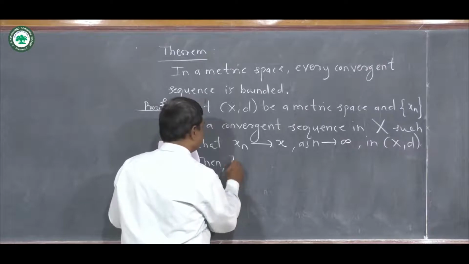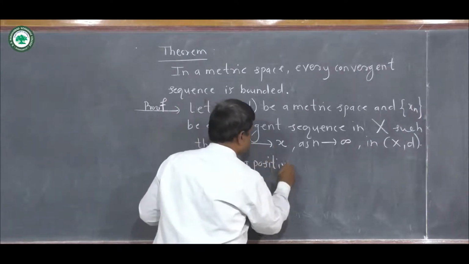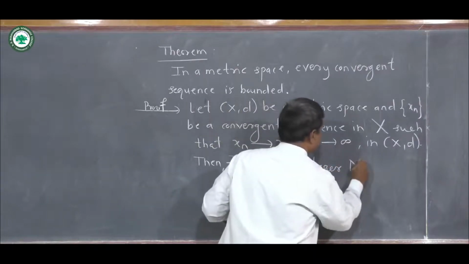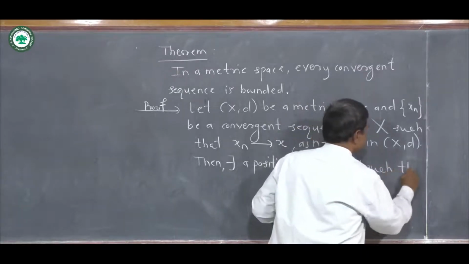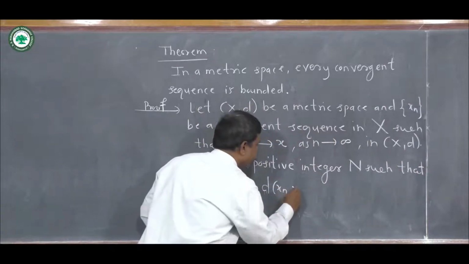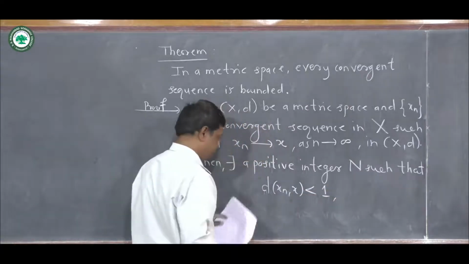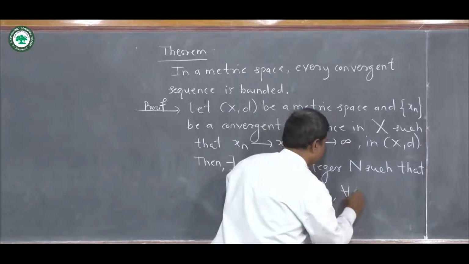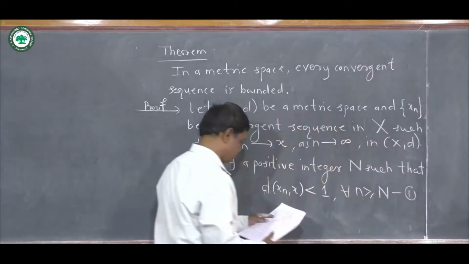Then there exists a positive integer N such that the distance between xn and x is less than 1 for all n greater than or equal to N. Call this (1).